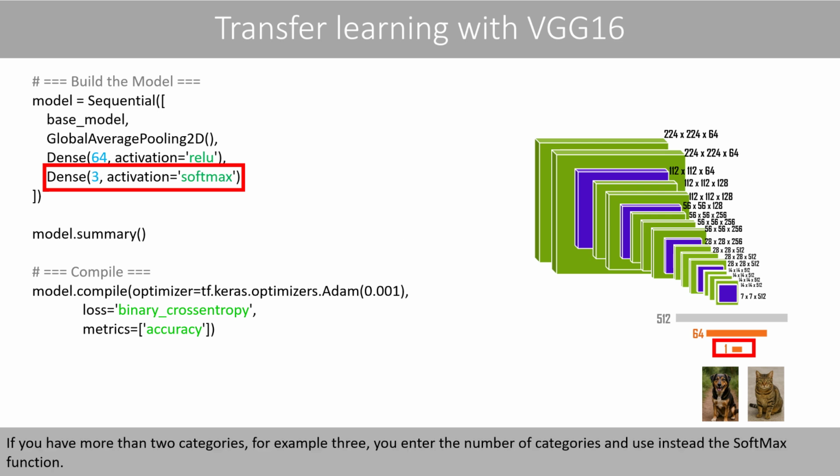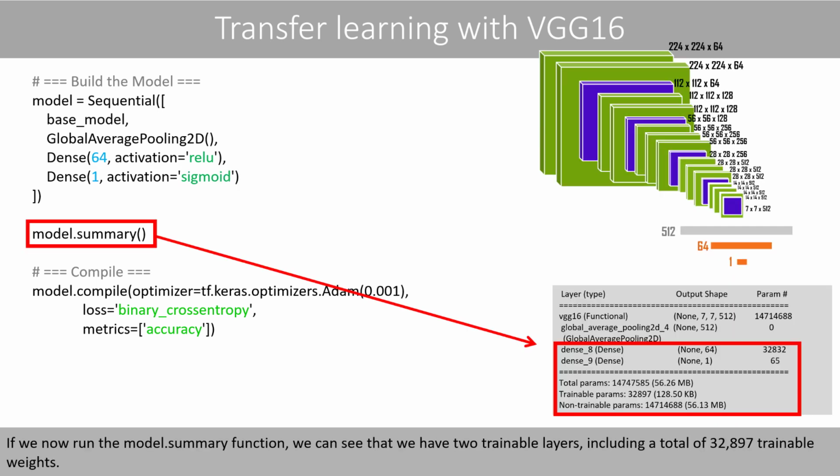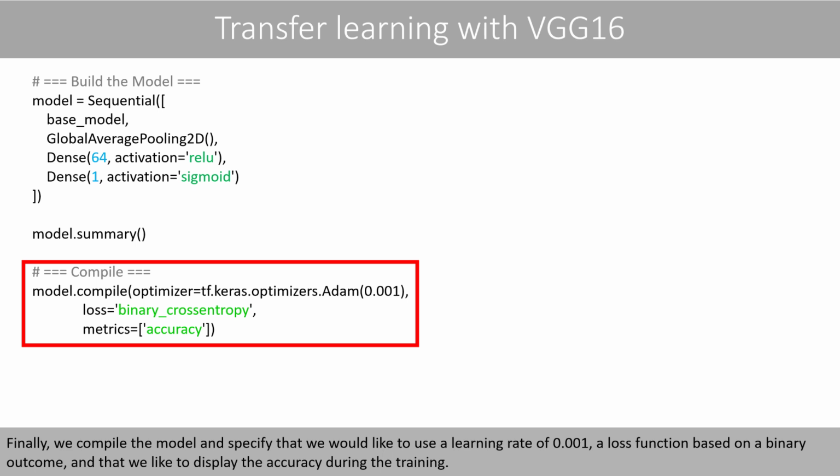If you have more than 2 categories, for example 3, you enter the number of categories and use instead the softmax function. If we now run the model.summary function, we can see that we have 2 trainable layers, including a total of 32,897 trainable weights.